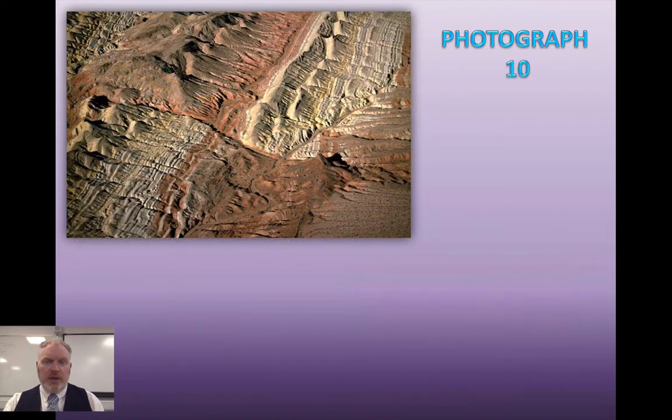And finally, we have a much bigger fault to look at. This is a satellite image. This is from Southern California. If we look, there's a displacement of beds running along that line there. We see this at the surface.